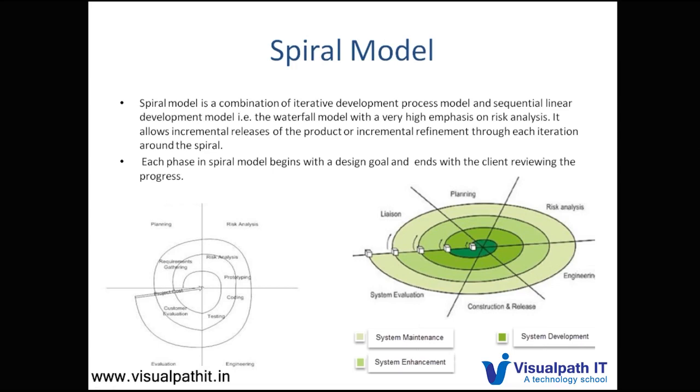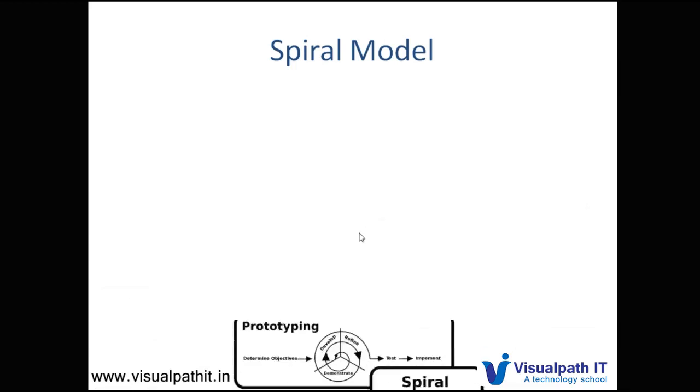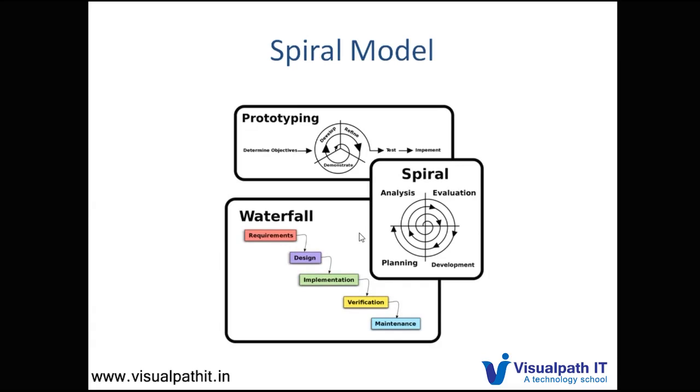So basically a spiral model has 4 phases: the planning phase, the risk analysis phase, engineering, and the evaluation, as we can see here. Again, it's another diagram depicting how the spiral model is made.